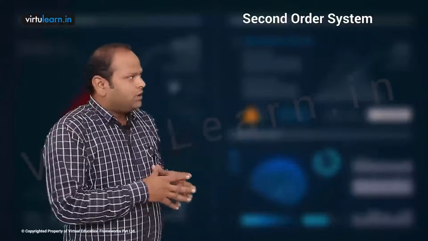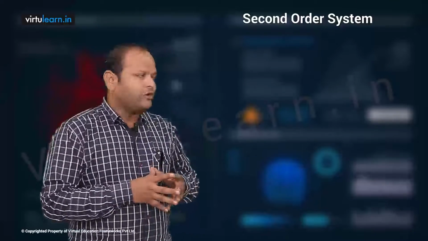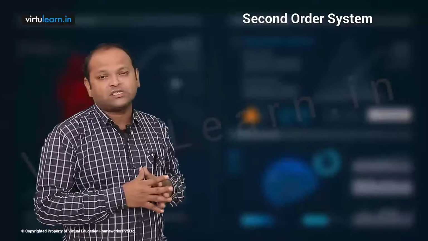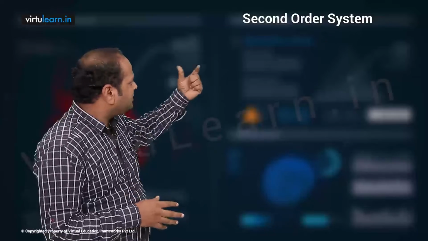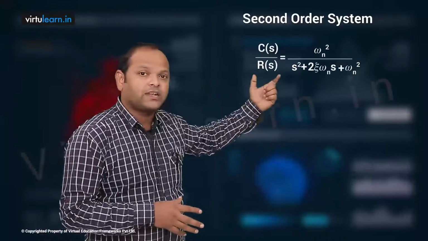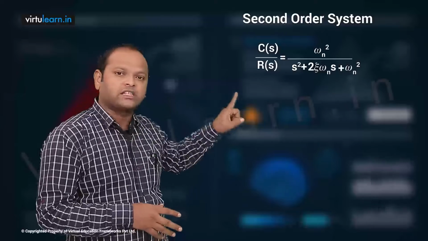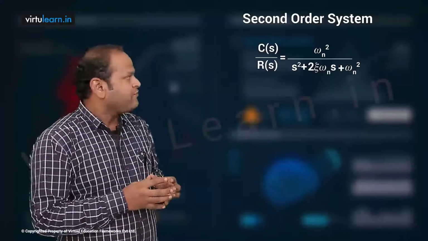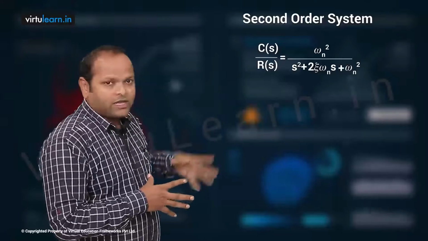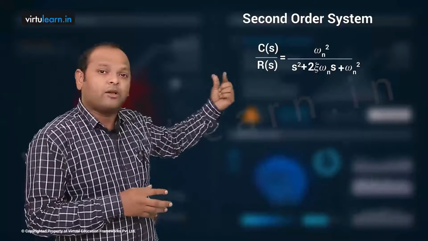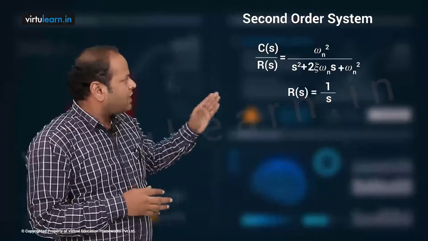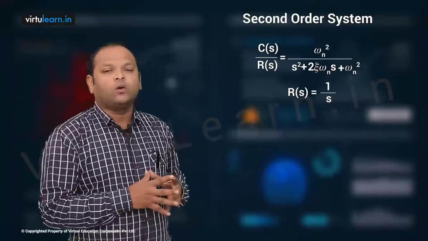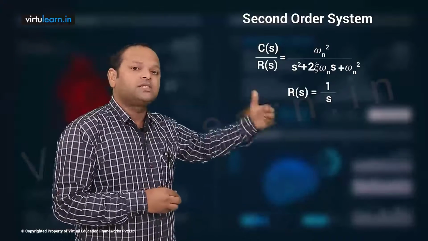Now let us take the closed loop transfer function of the standard second order system, that is C of s by R of s is omega n square divided by s square plus 2 zeta omega n s plus omega n square. Now, what will be the R of s? R of s is 1 by s, because let us take only unit step input.